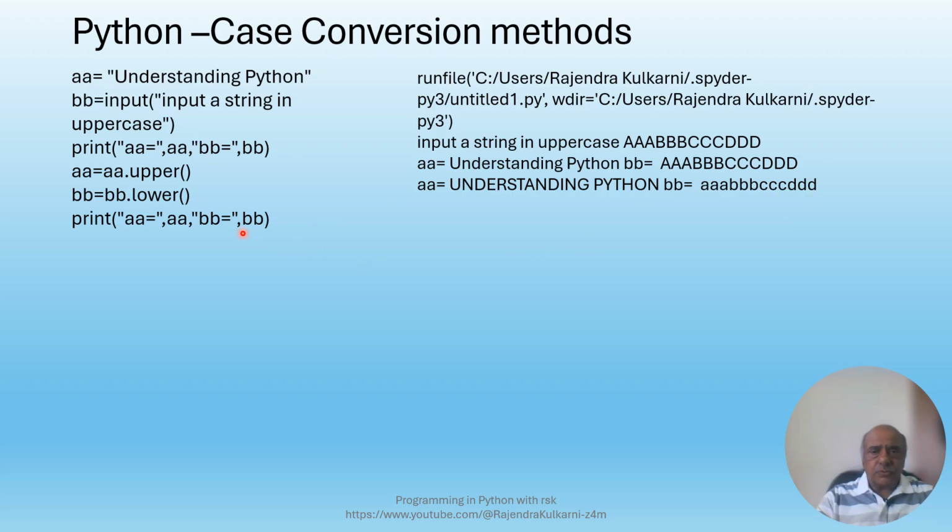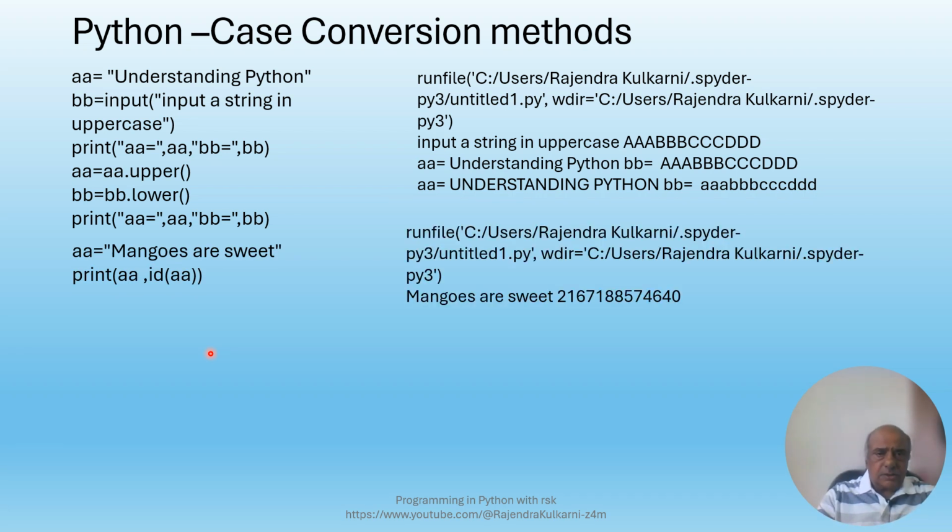Now what happens to the earlier objects, the understanding Python which we assigned to AA and the input string which we assigned to BB? The identifiers AA and BB are now dereferenced from the original objects, and they start referring to the new objects given by AA.upper and BB.lower.